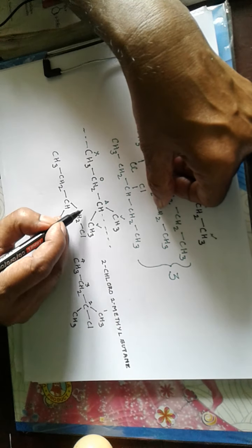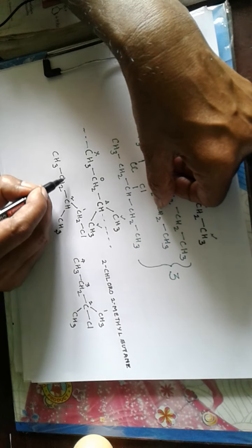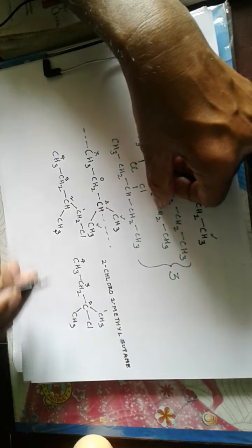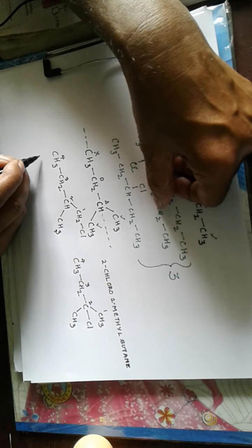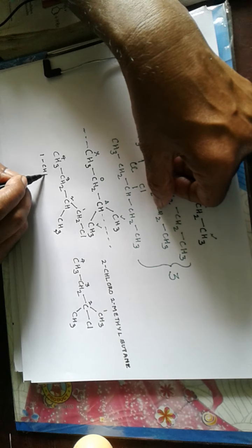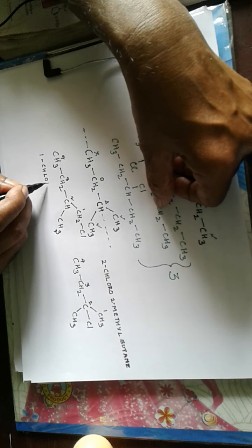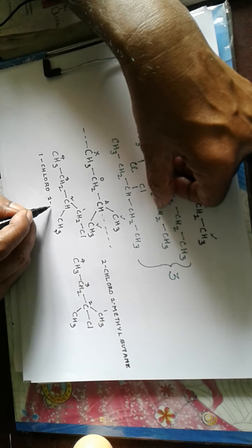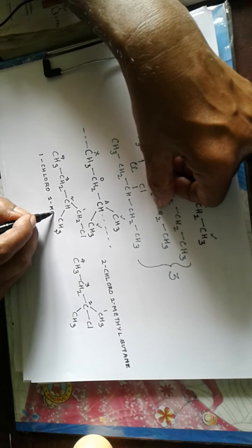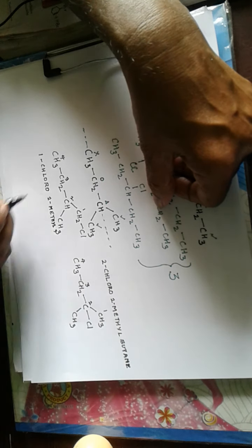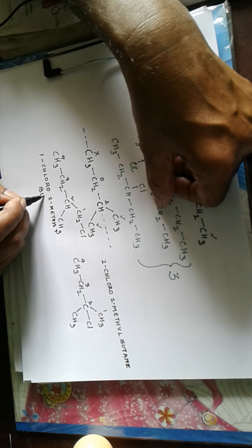And this becomes 1, 2, 3, 4. So it is 1-chloro-2-methyl butane.